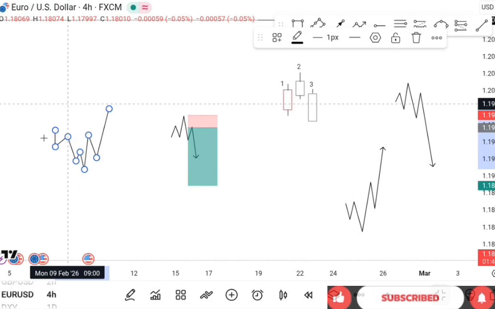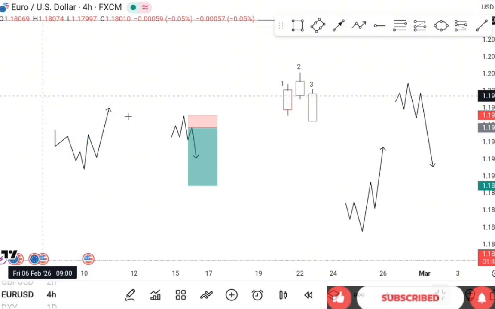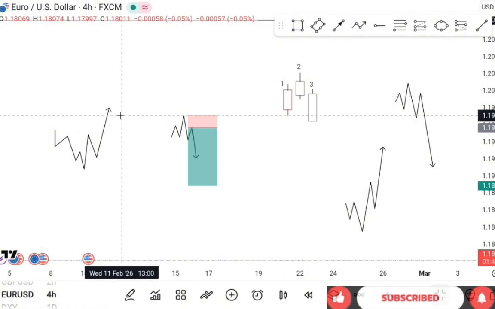You've seen this formation several times on your chart, but you've not really paid attention to this candle formation. You may have seen those patterns before, but seeing something is not the same as understanding why it is important. That is why we are fixing it today in this video.